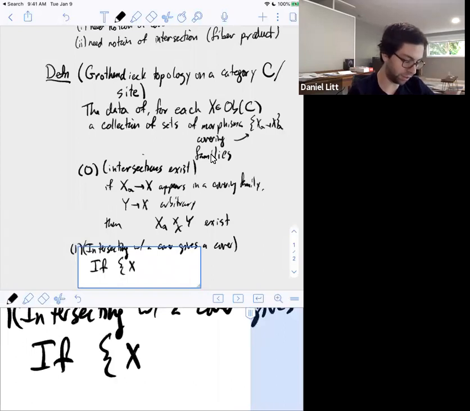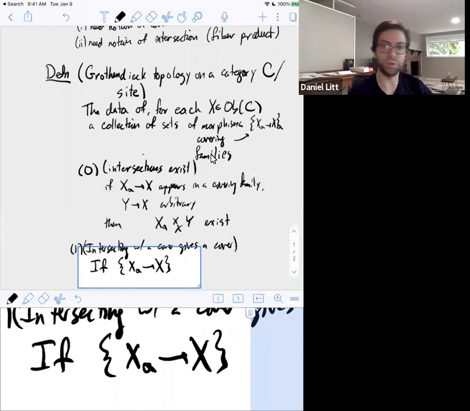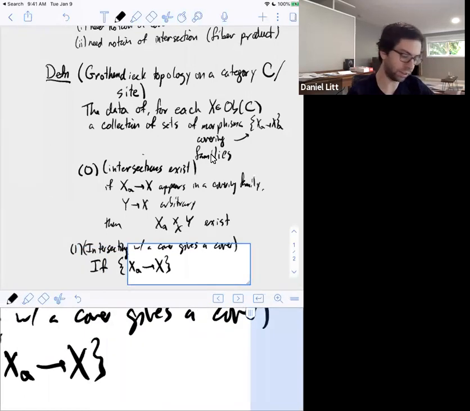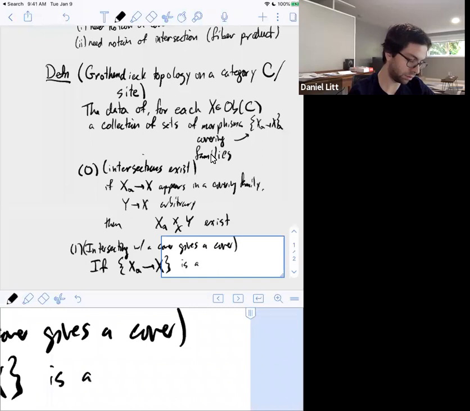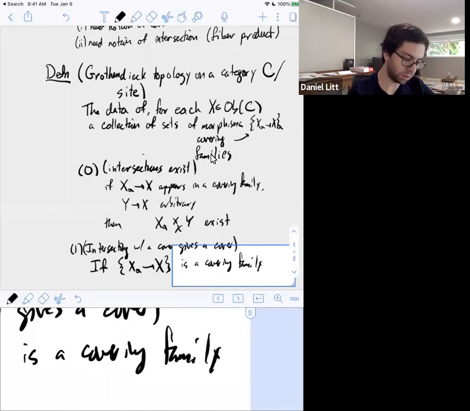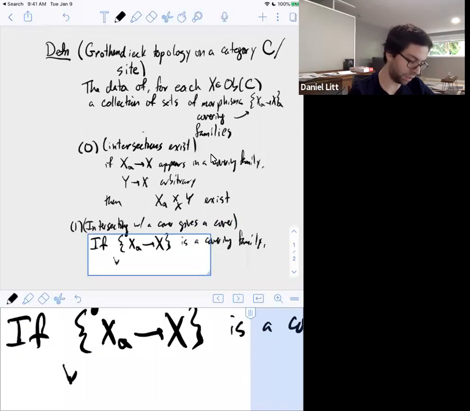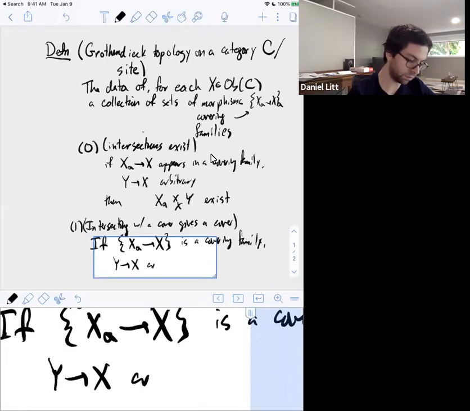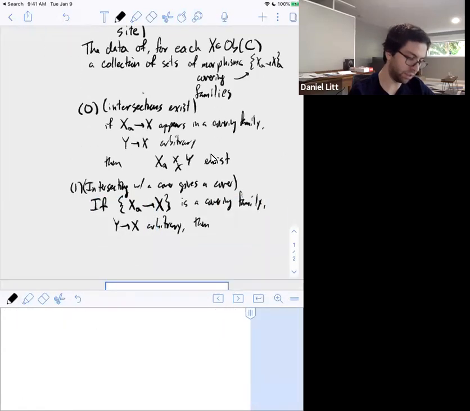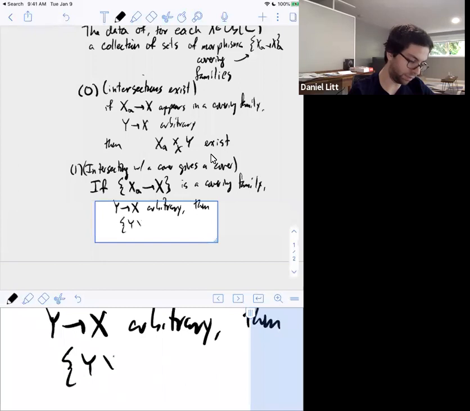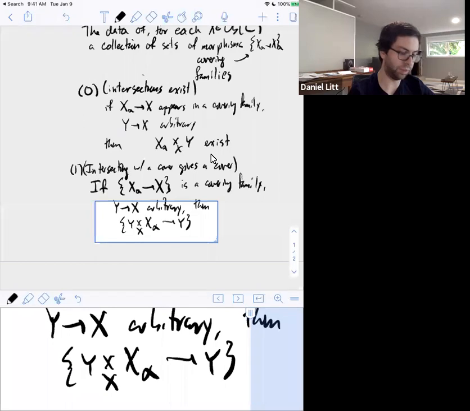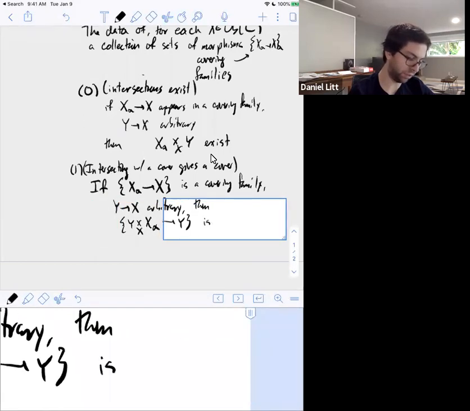If X alpha to X is a covering family, so you're supposed to think of this as saying the open sets X alpha cover X, and you have an arbitrary morphism Y to X, then you can pull back the covering family. So Y times X alpha over X to Y, the pullbacks of these morphisms, is a covering family.